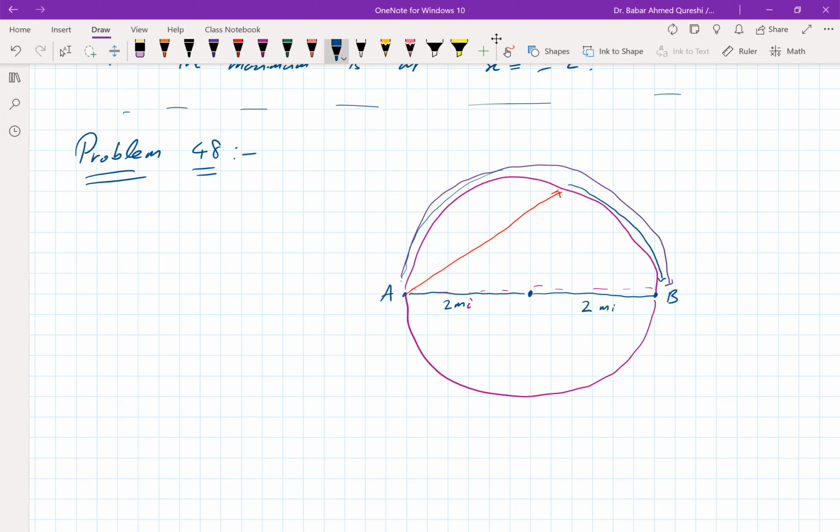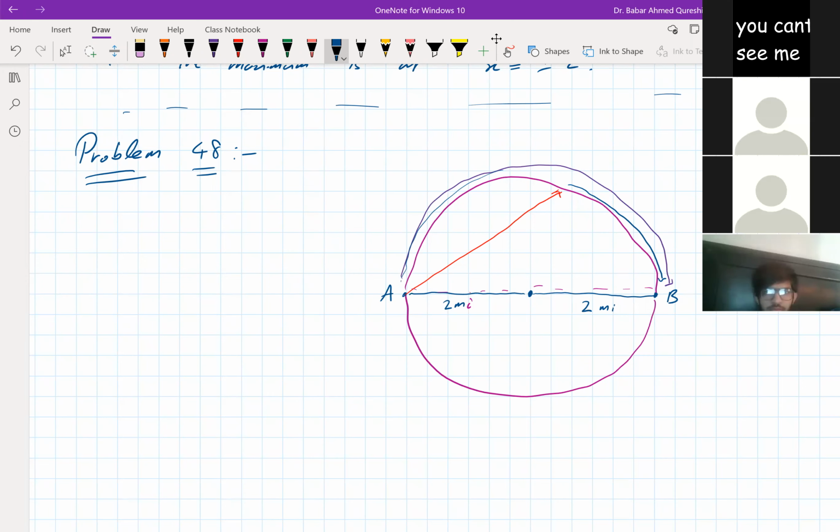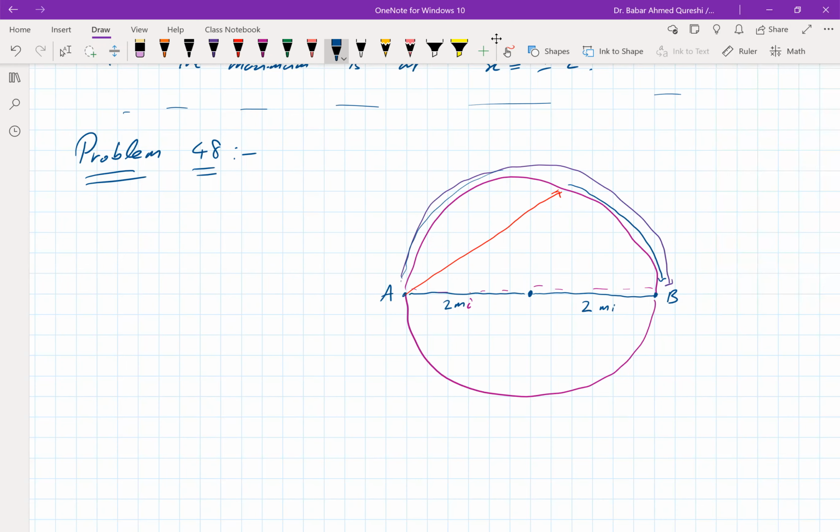So is it clear what's going on over here? The problem is that if you just row the whole time, you have the least distance, but you are going at a slower speed. If you walk the whole time, you are moving faster the whole time, but you have a larger distance to cover. So the overall time is some combination.